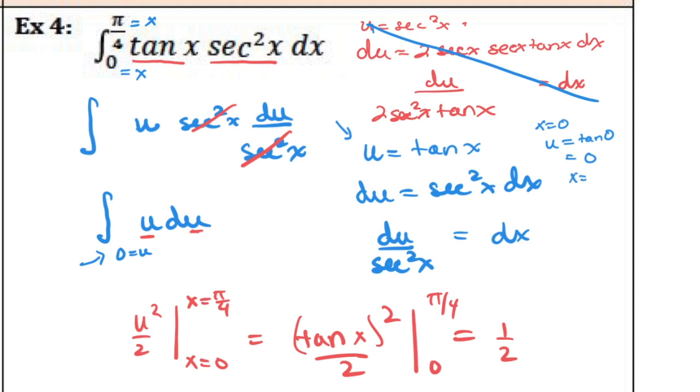And when x equals pi over 4, u equals the tangent of pi over 4, and that, of course, is 1. So now when we integrate, we get our u squared over 2, and we can evaluate 0 to 1, which again gives us 1/2.